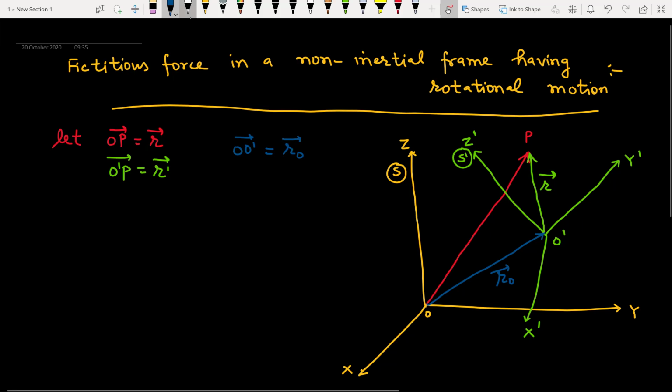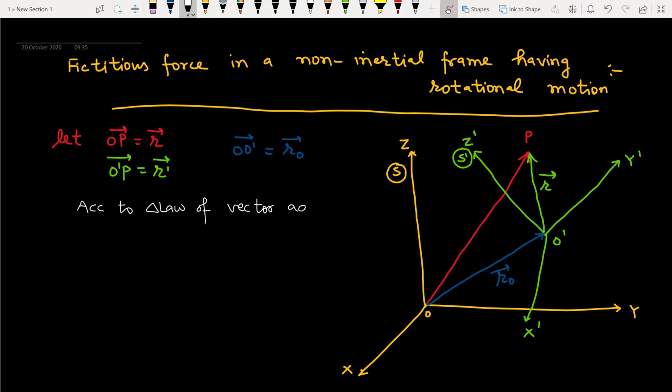So according to the triangle law of vector addition, in triangle O O dash P, same order, opposite order. So OP vector is equal to OO dash vector plus O dash P vector.